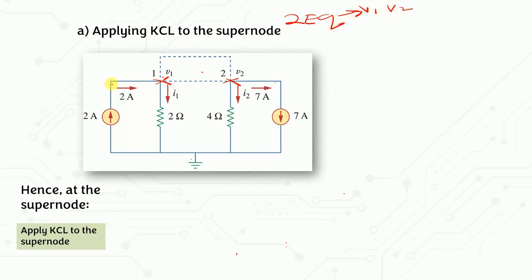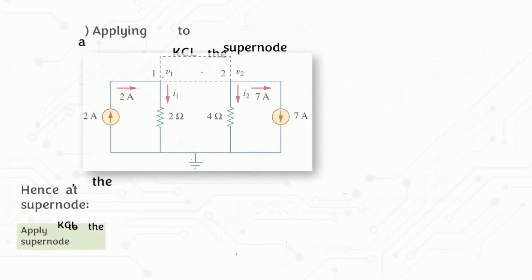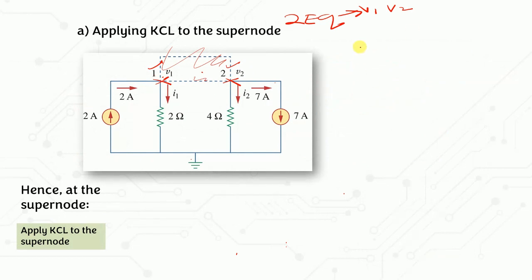One equation is from the node where the supernode happens, and we also need the equation for the supernode itself. Between node 1 and 2 here, we will have one equation for the supernode where all of this is gone from the circuit. Then it will leave you just that. So when you redraw the circuit, you will only have this.